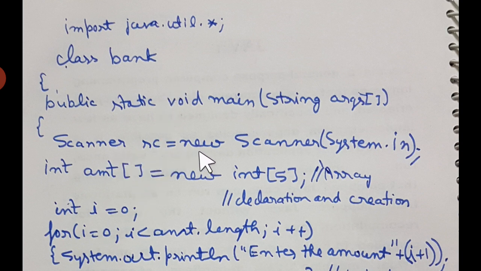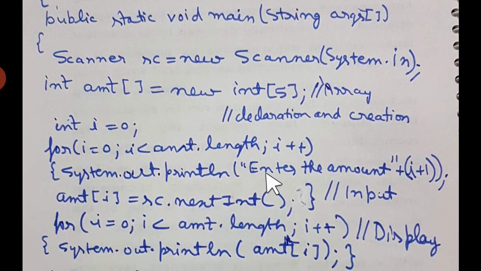We created the object of the Scanner, sc equal to new Scanner(System.in). After that we declared and created an array of size 5: int amt[] = new int[5]. How many bytes have been given to it? 20, because there are 5 integers, every integer occupies 4 bytes, so 5 into 4 is 20.